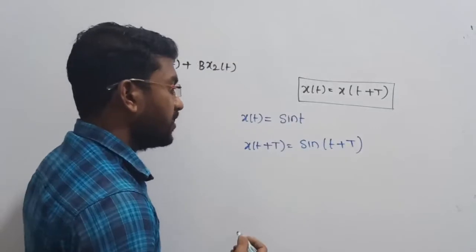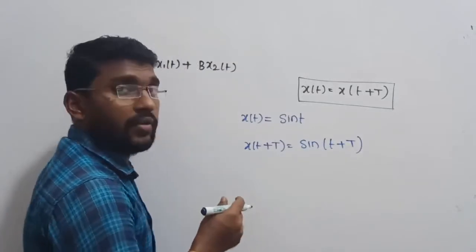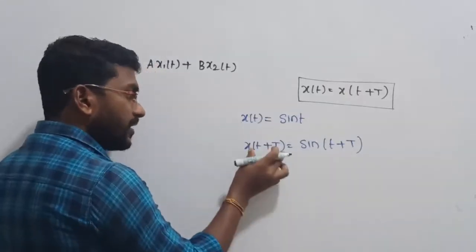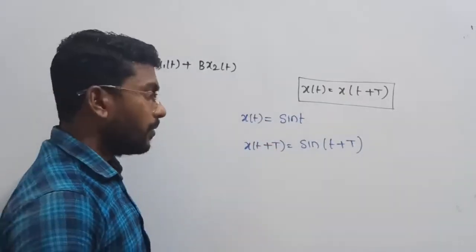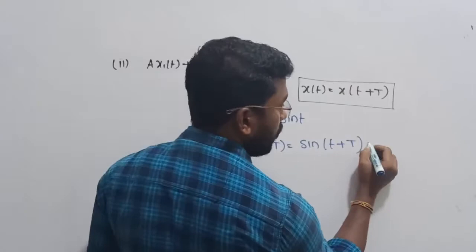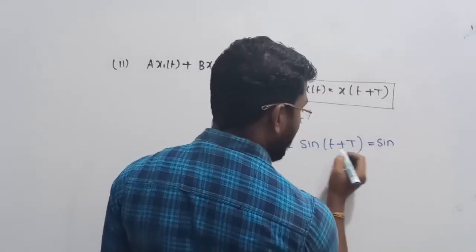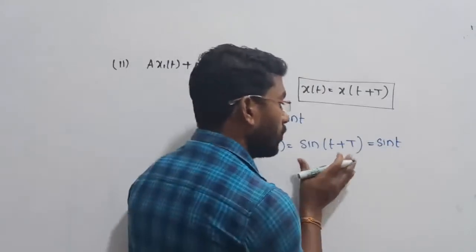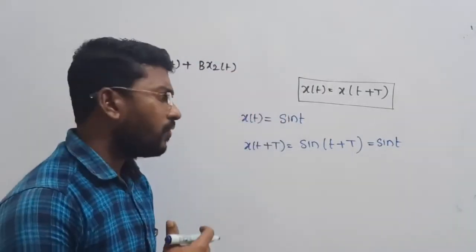Now we have to do this: I need this signal to be a periodic signal, so x of t and x of t plus T should be equal. That means this sin of t plus T has to be equal to the value of sin t once again. For that case to happen, what do I have to do?